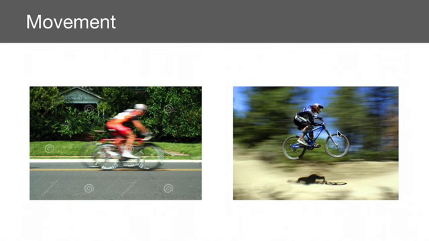Now, the image on the right is a sense of movement. This is a photography technique that a lot of sports photographers and action photographers will use when they're documenting fast-moving subjects. For instance, this bicycle is coming down the trail, and the photographer is following the bicycle with the camera as it comes into view.